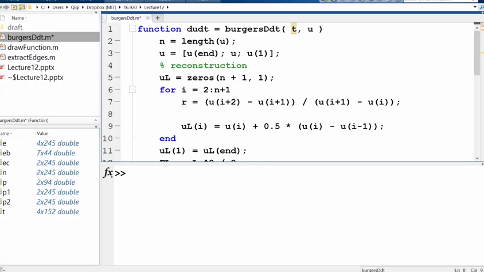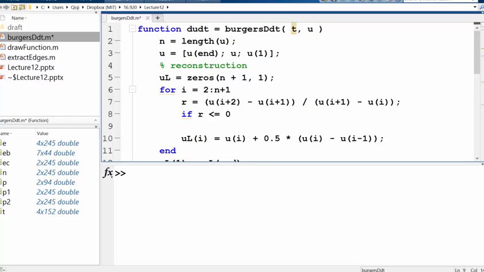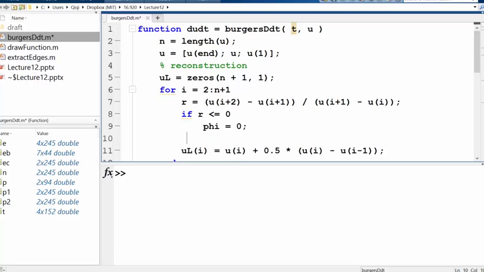For example, let's use the minmod limiter for now. So if R is less than or equal to 0, what should phi be? 0.